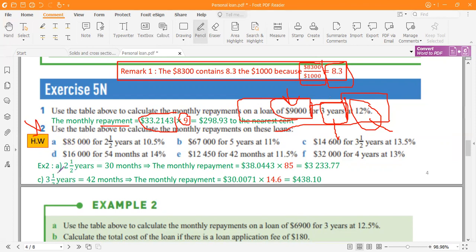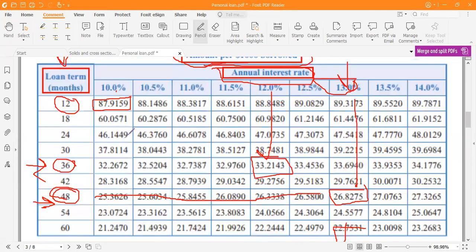For example, I will take the first part: calculate the monthly payment on a loan of $85,000 for 2.5 years. 2.5 by 12 gives 30 months. So we need the loan term of 30 months with the annual interest rate of 10.5, and we refer to the table.